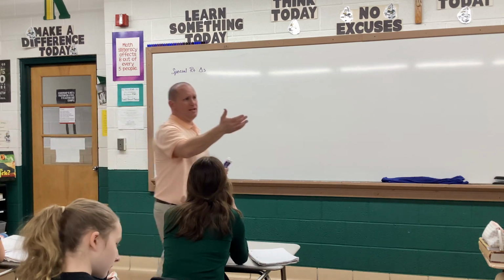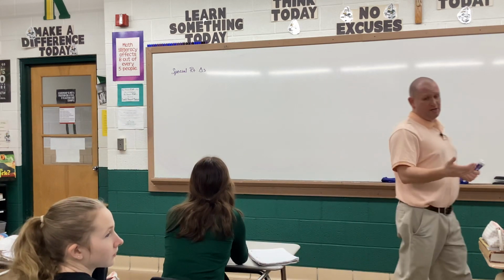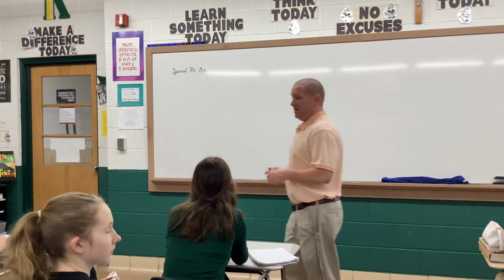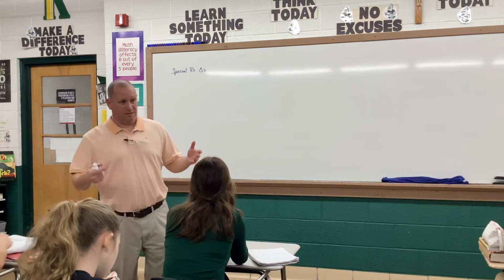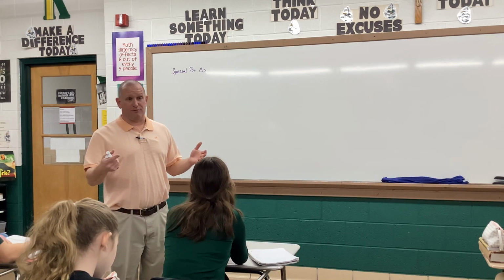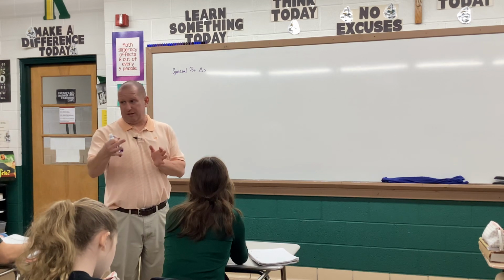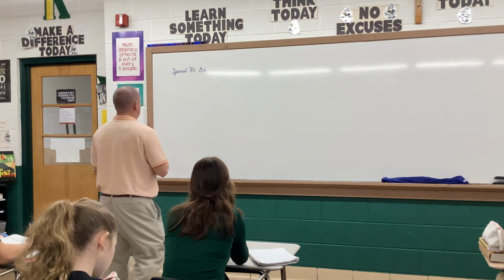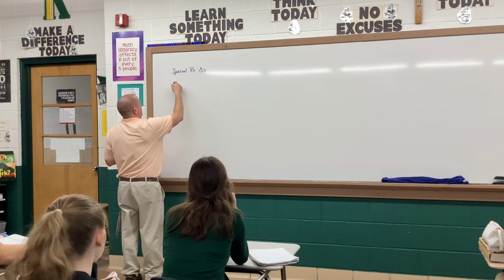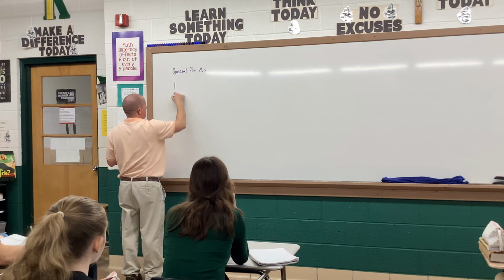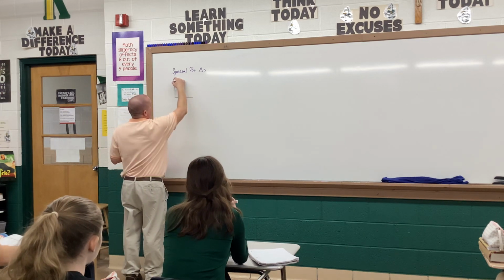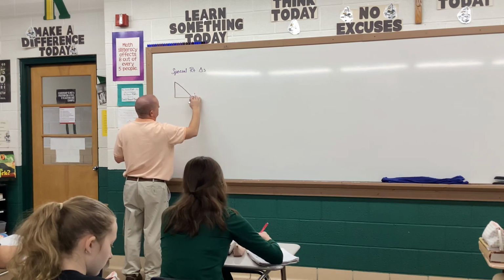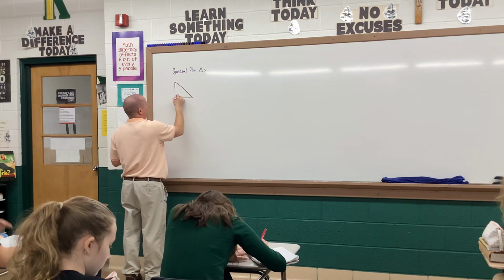So today we're going to look at two forms of what they call special right triangles. And why they're special is because their angles are always a set of angles that you can kind of do special things to. Okay, so we have two different versions of this. If I can draw this and try to make it perfect, I'm going to have this right angle right here.